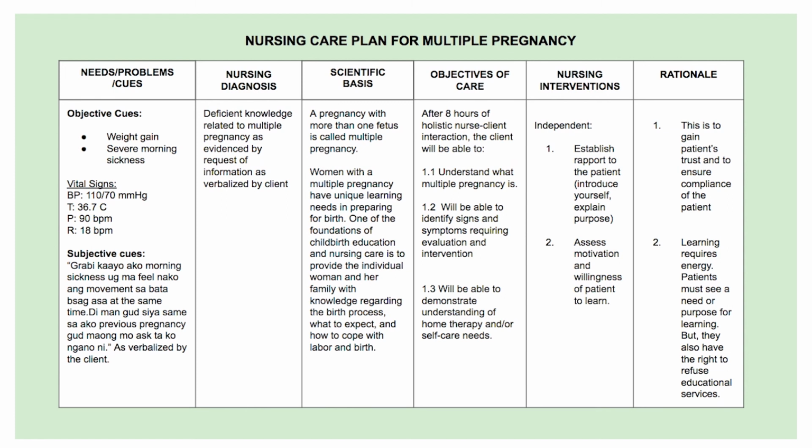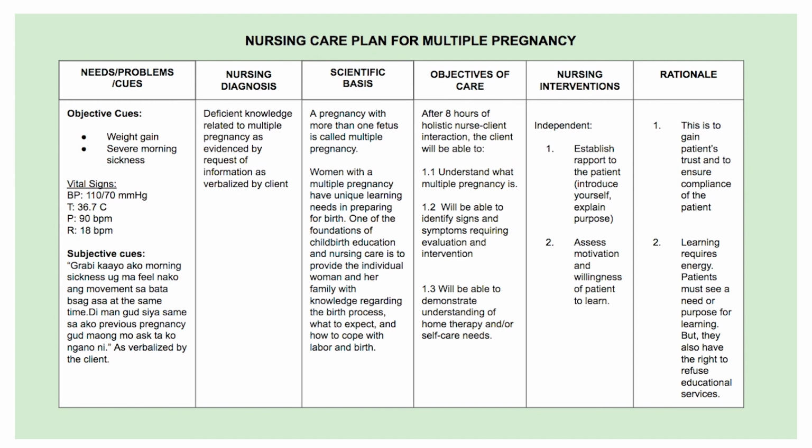So you will introduce yourself and explain the purpose, so that you can ensure the patient's trust, and it can also reduce the anxiety of the patient. Second, assess the motivation and willingness of the patient to learn.